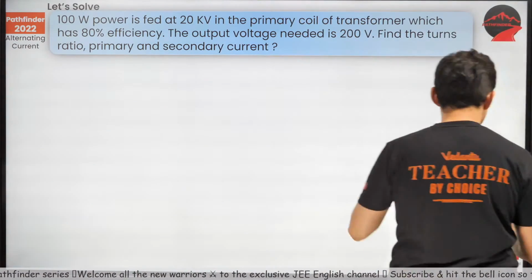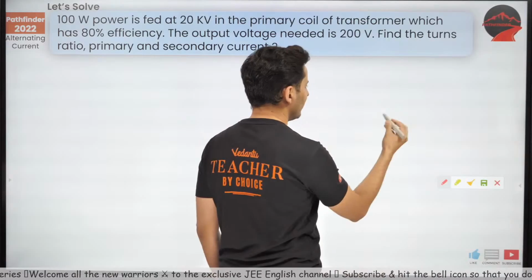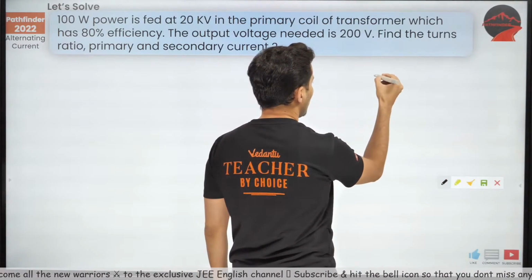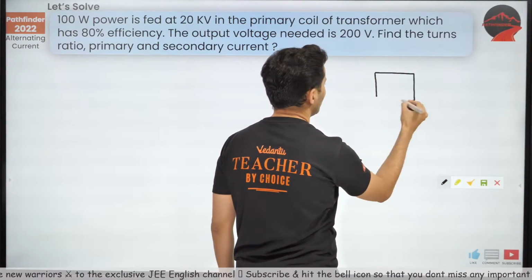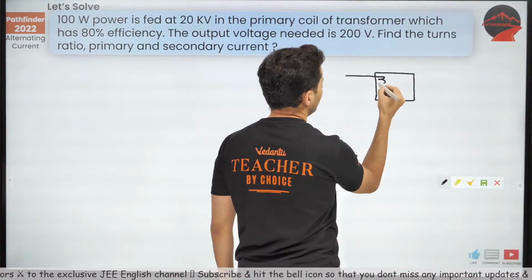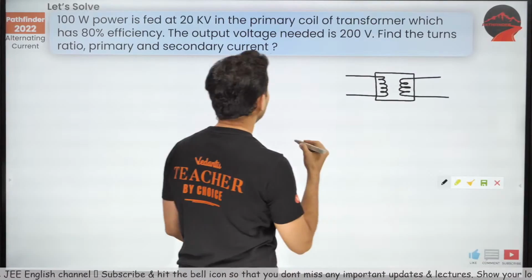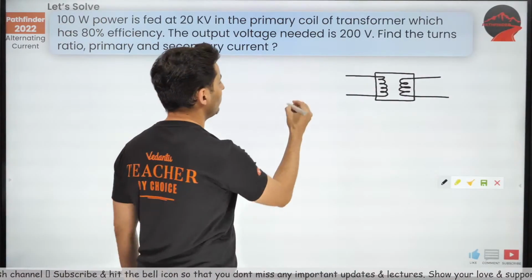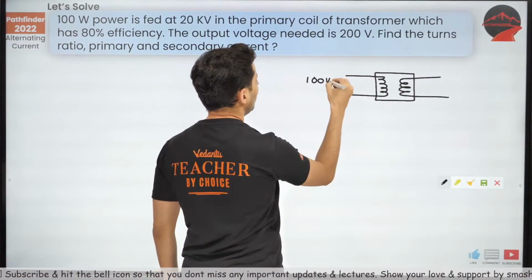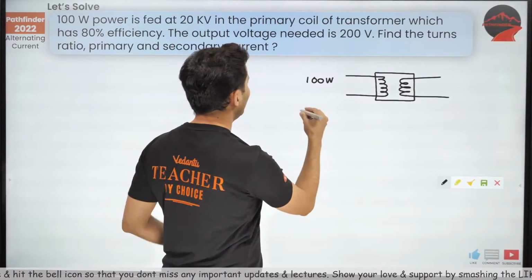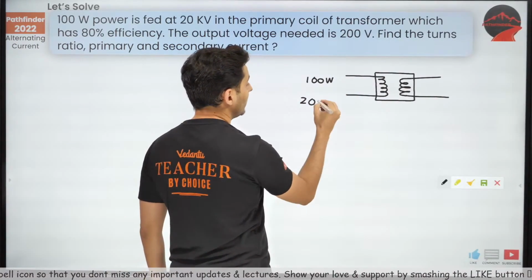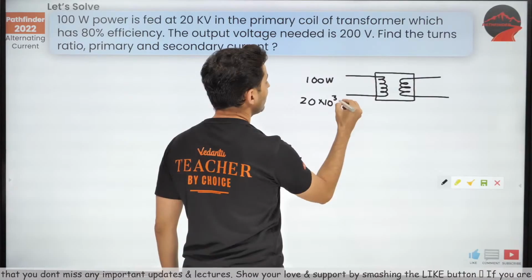Let's just draw this so that we get an understanding and a feeling of this question. I have my transformer over here, and this is the primary, and let's say this is the secondary. Let's write in whatever we know. This is 100 watt power. Input voltage 20 kilovolt, so 20 into 10 to the power 3 volt.